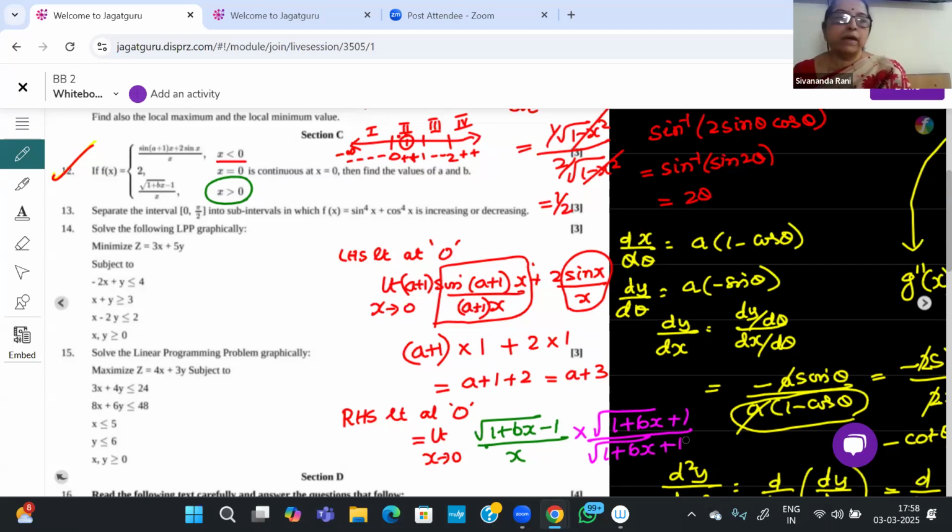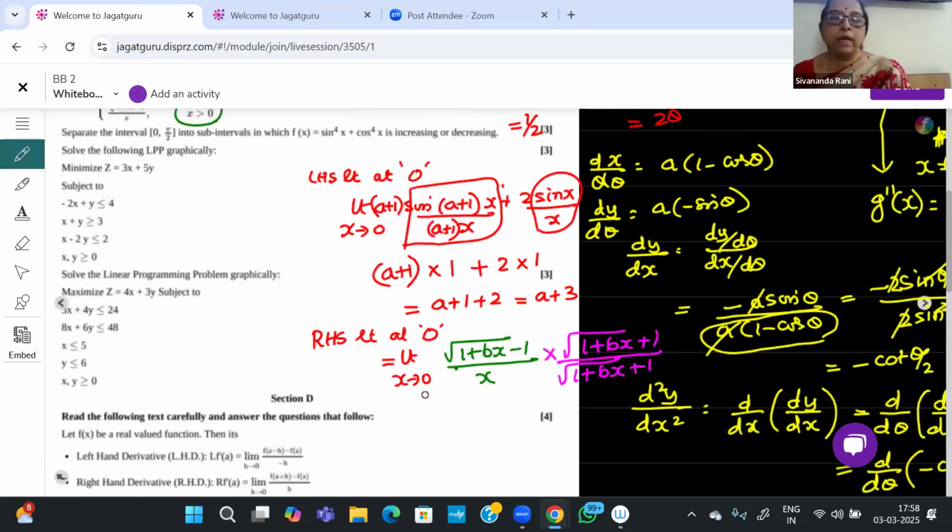So always remember, whenever you come across an irrational function, this is the only way. Numerator, you will get the root removed, 1 plus bx minus 1. In the denominator, the root will remain, 1 plus root of 1 plus bx plus 1. Minus 1 plus 1 will get cancelled. X and x will get cancelled. But x is tending to 0, so this will become b by 2, right?